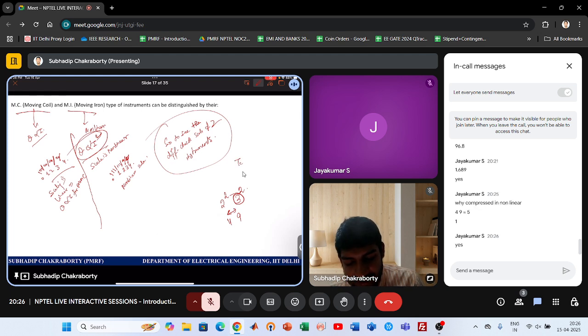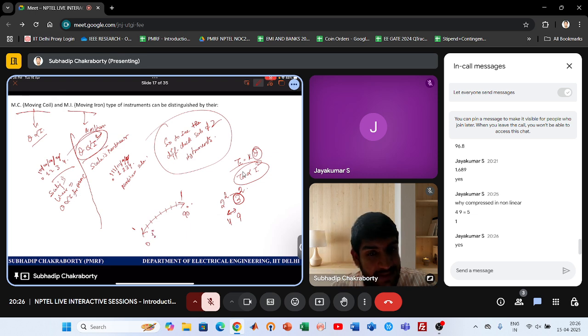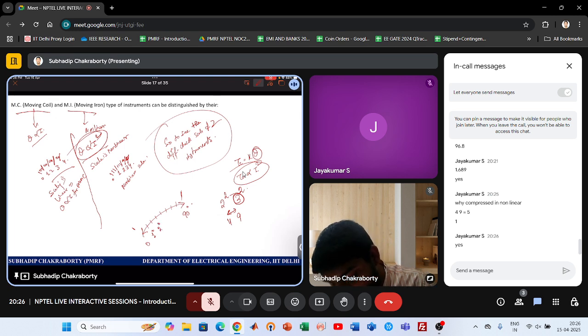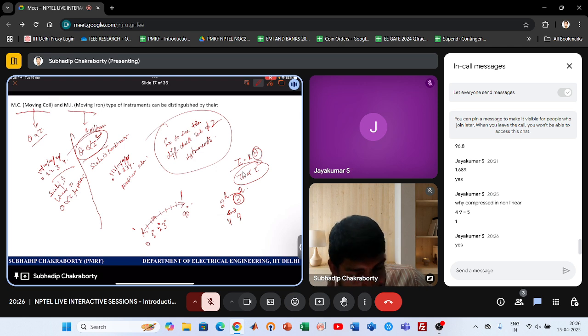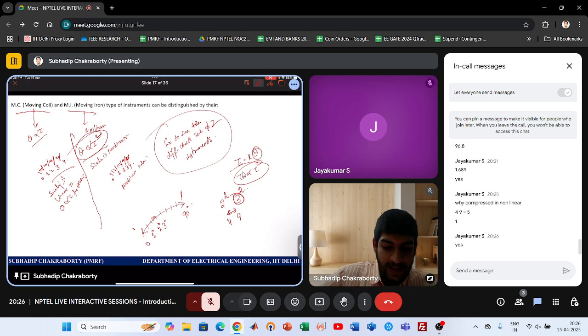Because your control torque is the spring constant times theta, but your deflection torque is proportional to I square. So theta is increasing from 0 to, for example, 90 degrees linearly. But 0 to 1 degree and 1 degree to 2 degrees can incorporate fewer values of current, and 2 to 3 degrees incorporates higher values of current, because theta is proportional to I square. Let's say theta is equal to I square.